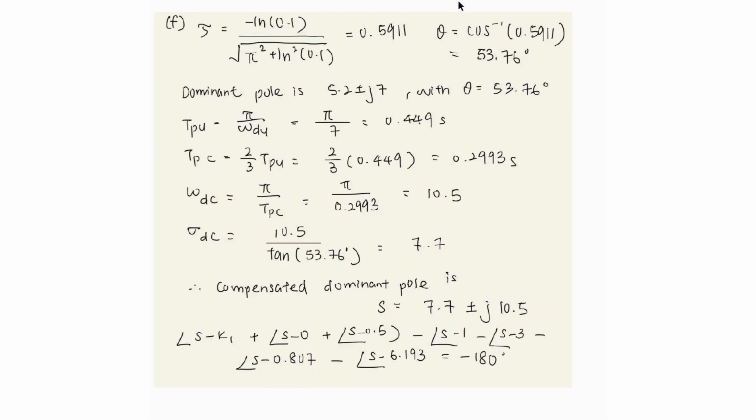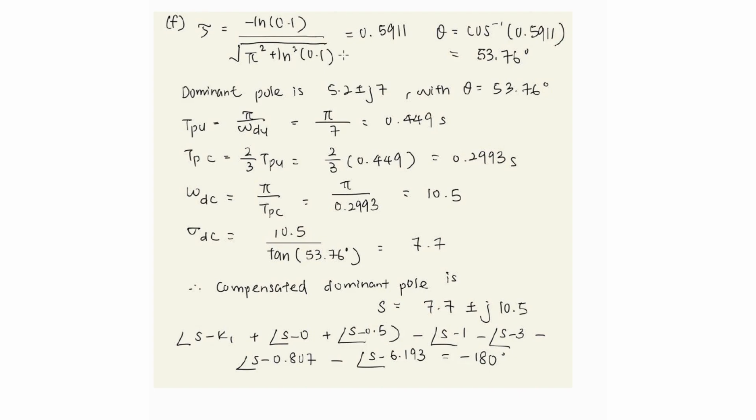The real exit is negative 5.2502. Part F is the damping ratio. We use the overshoot of 10% and substitute into the damping ratio formula, where the damping ratio equals negative ln 0.1 over the square root of pi squared plus ln squared 0.1.